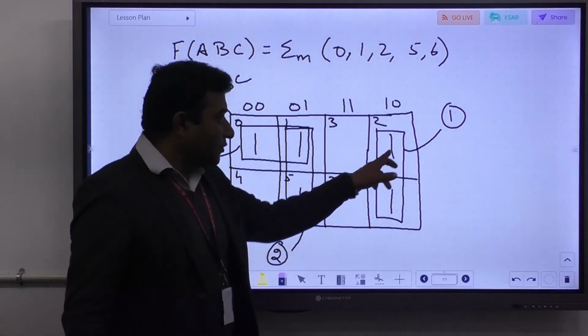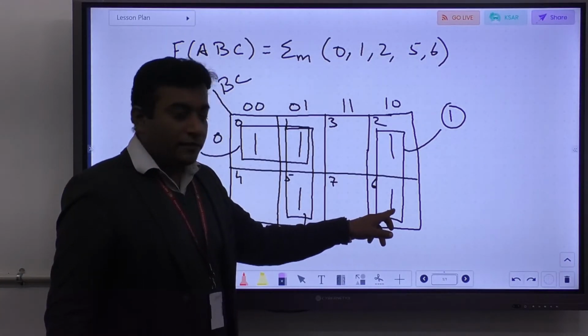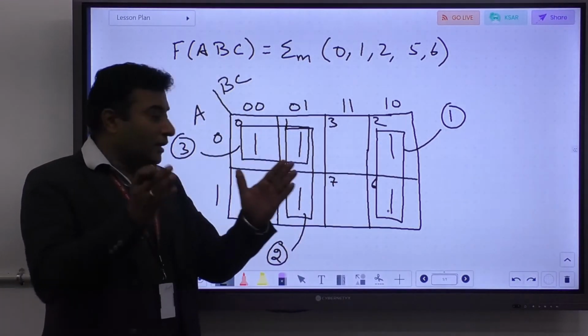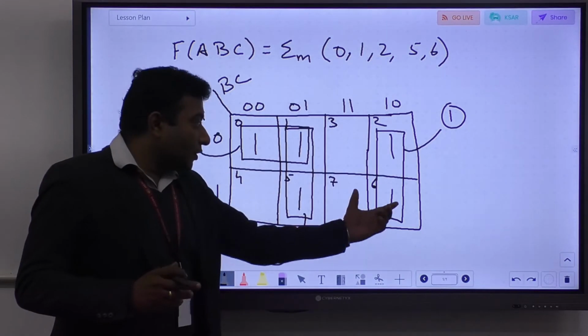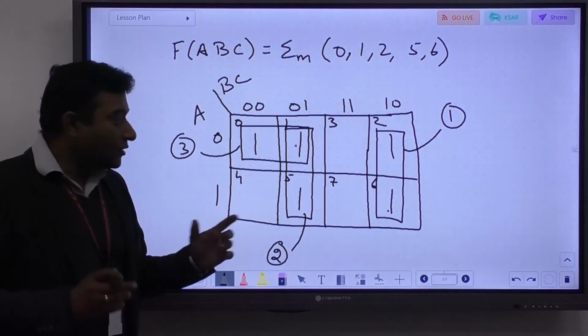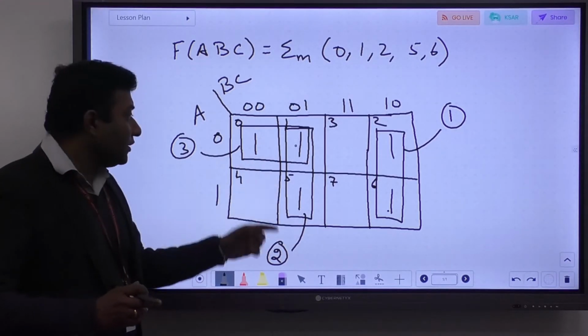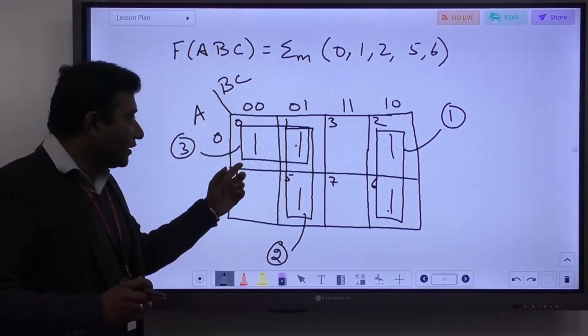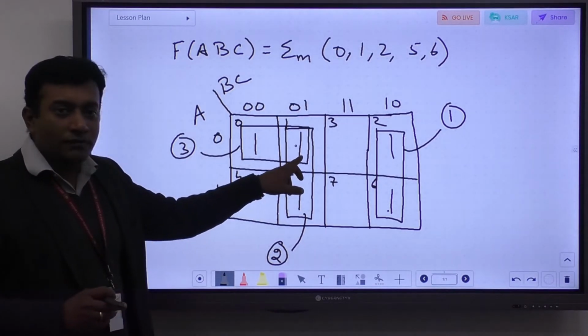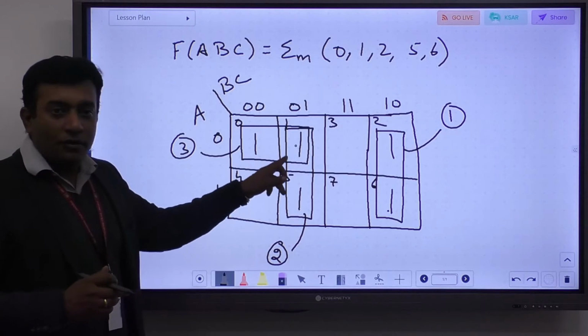We took this 1 and 1 and clubbed them in a group, because they lie in adjacent boxes. Similarly, this 1 and 1 is taken as a group. This one was left, so we clubbed it with this one. Even though this one was already clubbed in a group, we can do so.